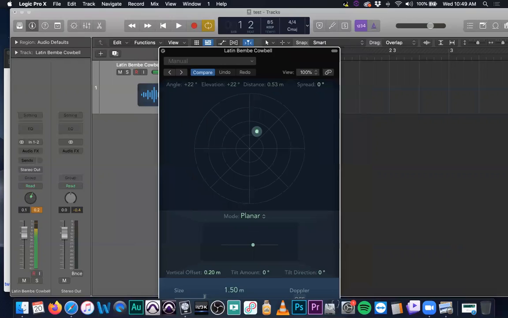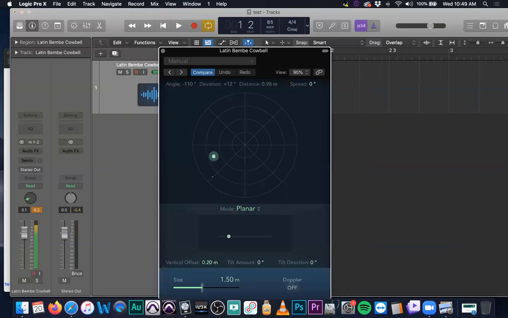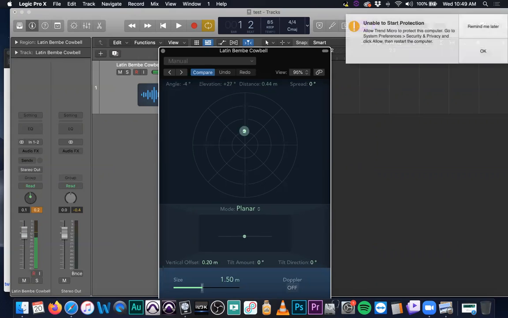But yeah, the thought process is if you have two independent signals, a left and a right, I should have two independent binaural panners, right? Two dots where I can actually have them spread apart and I can actually move them together left and right like I'm driving a car. I've done that a few times and I'm not sure why now I'm stuck together. Starting to annoy me a little bit here.